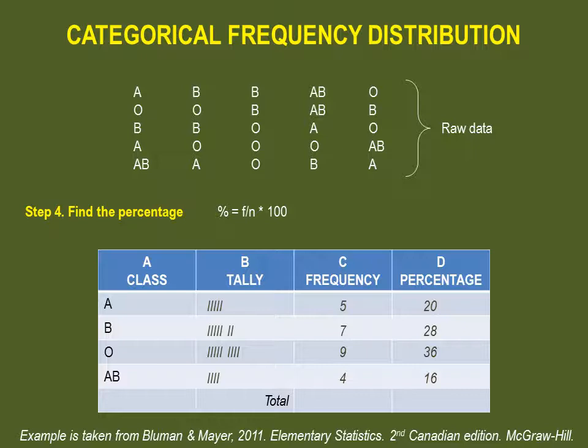For example, in the class of type A blood, the percentage is 5 divided by 25 times 100 equals 20%. Step 5 is to find the totals for columns C and D. The completed table is shown here.